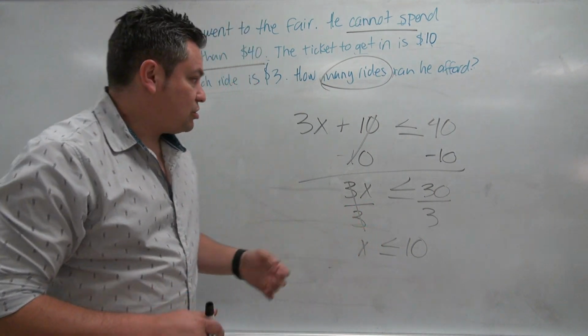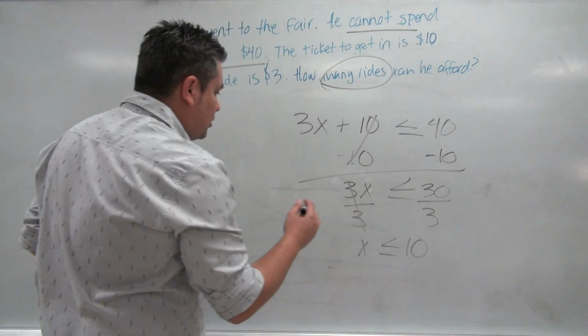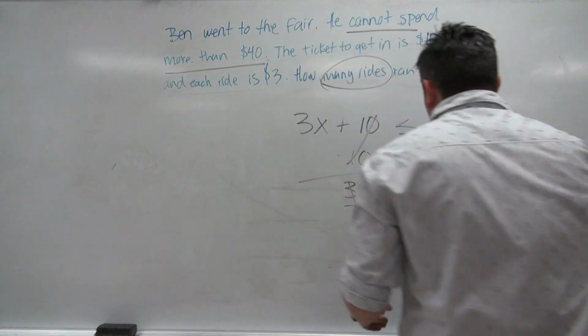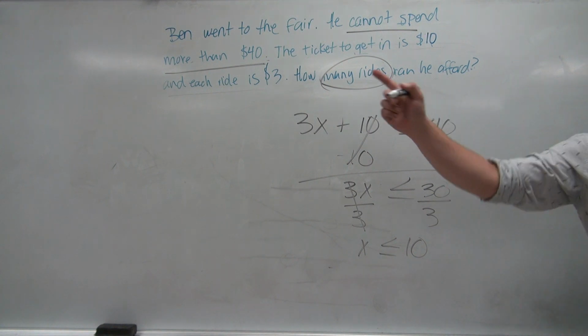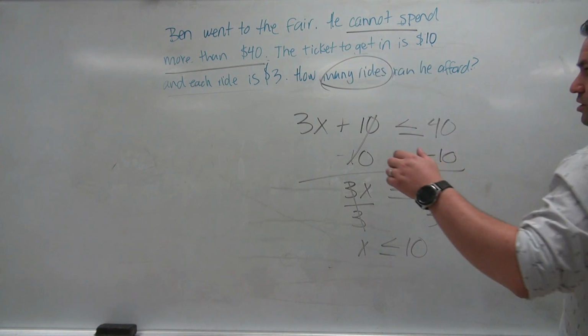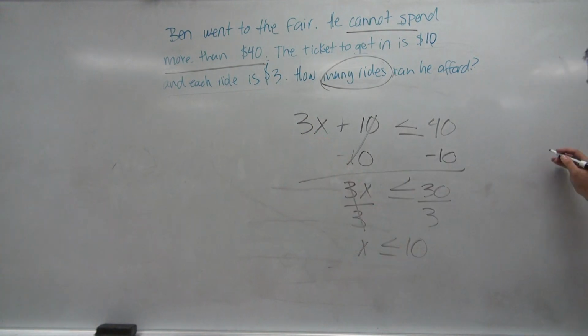So basically if you were to plot this on a number line, what way am I going? To the right or to the left? Left. So I'm going to the left, so it'll be 10. Included or not included? Included. So that means it's a closed or open? Closed.